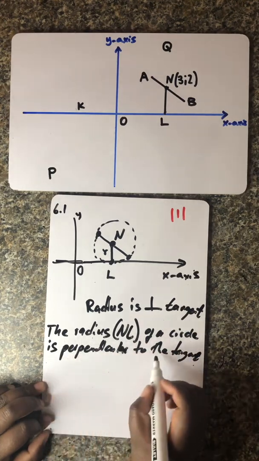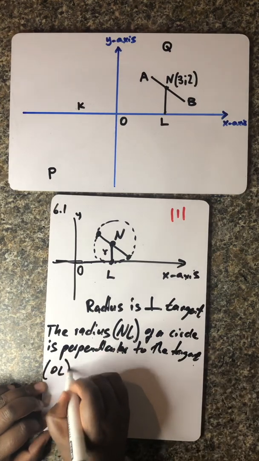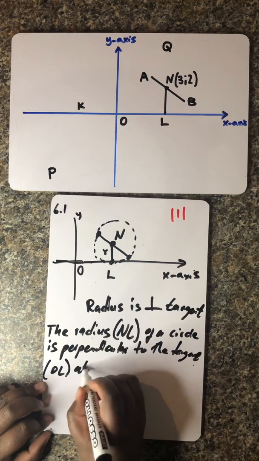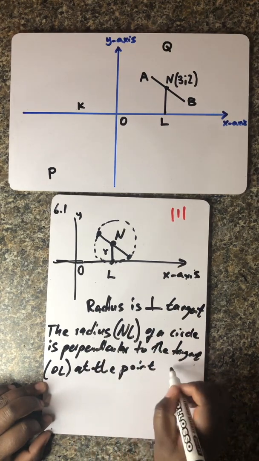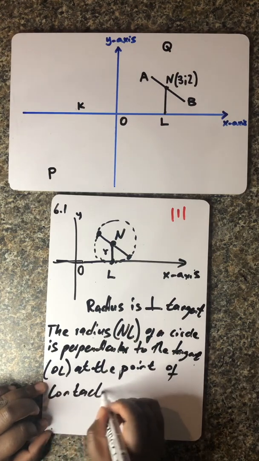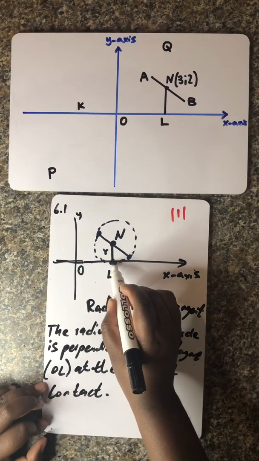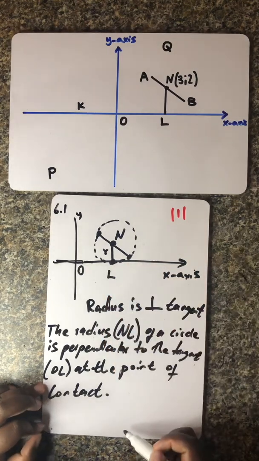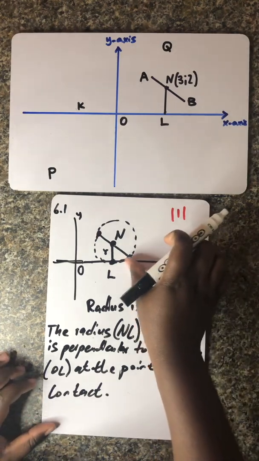It's perpendicular to the tangent, and we know the tangent is OL, at the point of contact. Where is the point of contact, ladies and gentlemen? This is that point of contact. Okay, so I hope you fully understand, ladies and gentlemen.